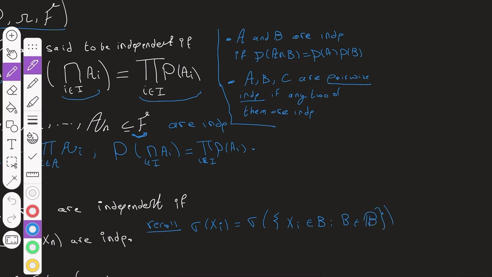So in other words, it's just the sigma algebra generated by the pre-images of Borel sets.